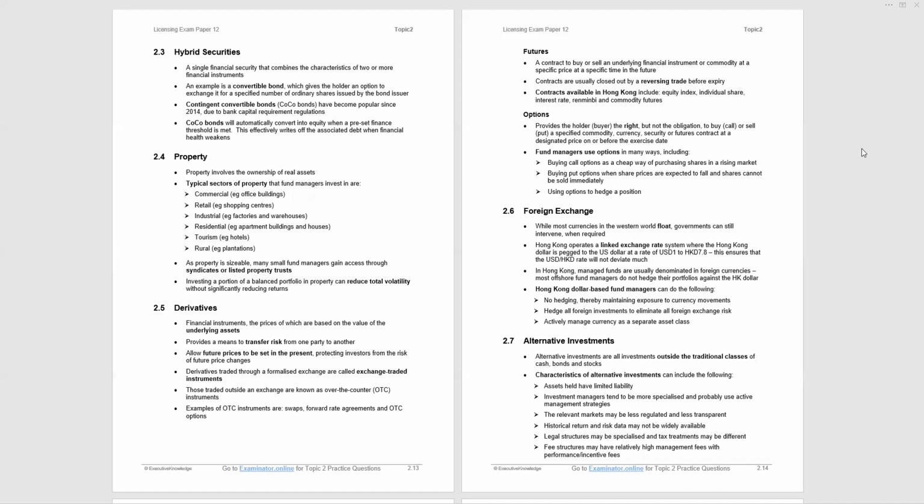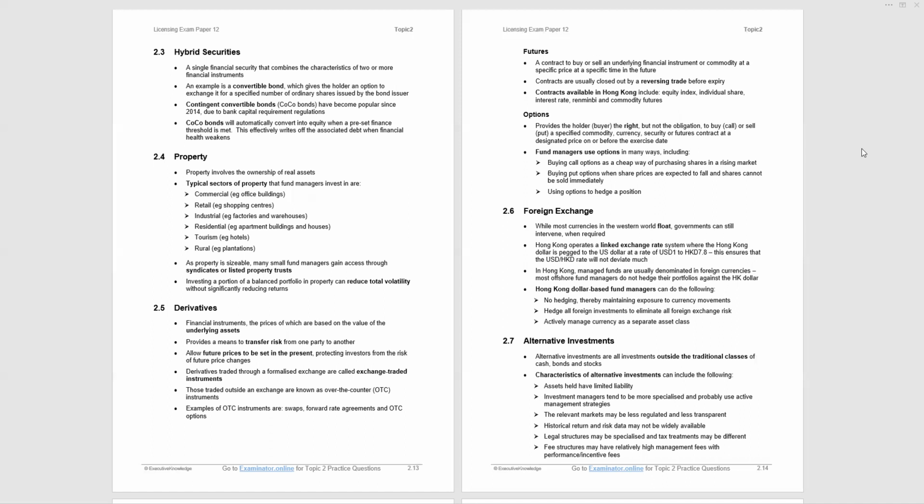Contracts are usually closed out through a reversing trade. So if you bought a future at 100 and closed out by selling at 90, then you make a $10 loss. You're effectively locking into a price. Contracts available in Hong Kong include equity index, individual shares, interest rates, renminbi, and commodity futures.